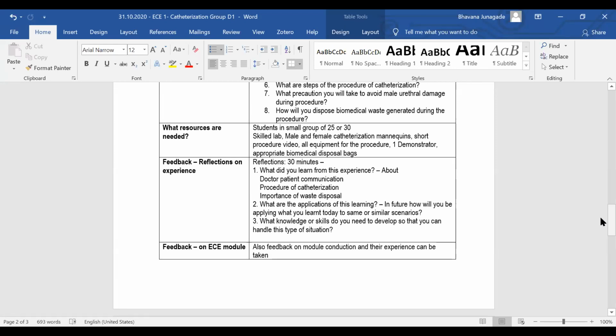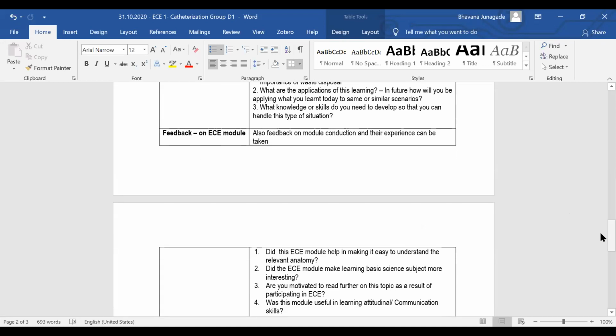Then the second question is, what are the applications of this learning? That means in future, how will you apply what you learned today to the same or similar scenarios? And what knowledge or skills do you need to develop so that you can handle this type of situation in future? Then on the module itself, we can take feedback about the conduction and their experience.